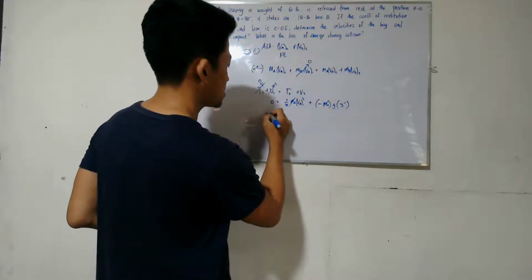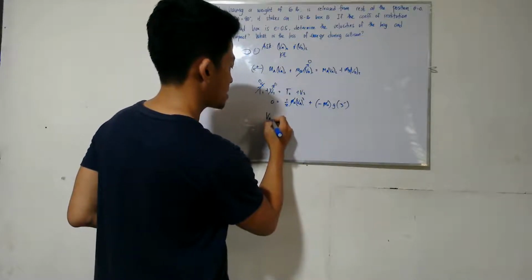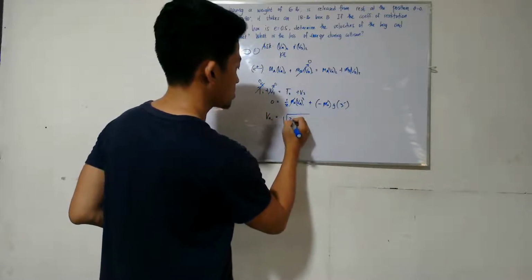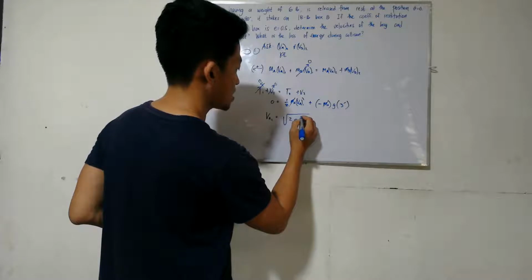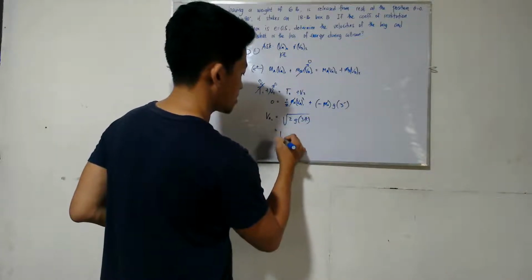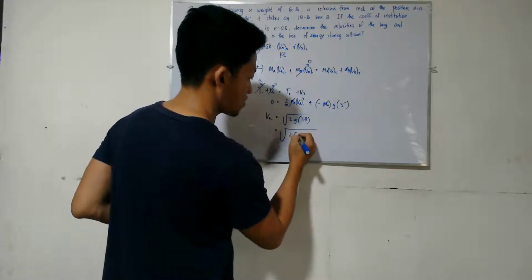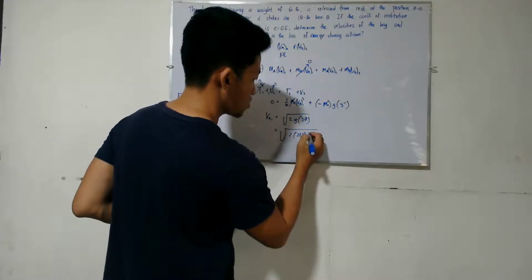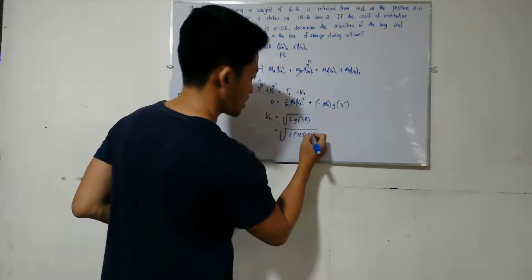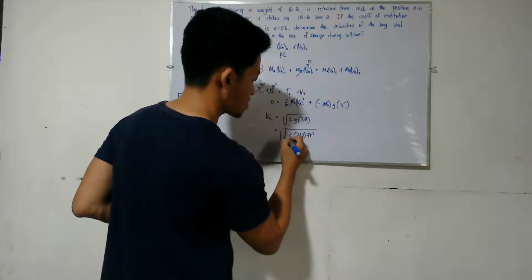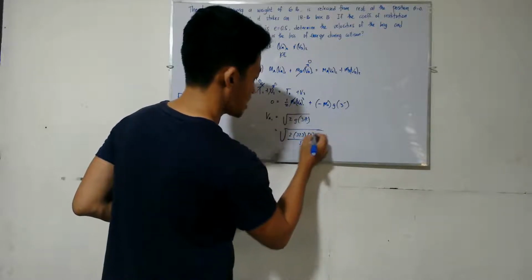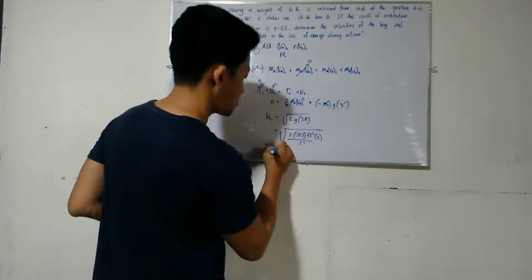You have velocity A1 is just equal to square root of 2 g h, or 3 feet. You have g for the English system, which is 32.2 feet per second squared.